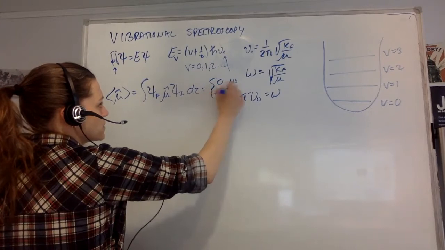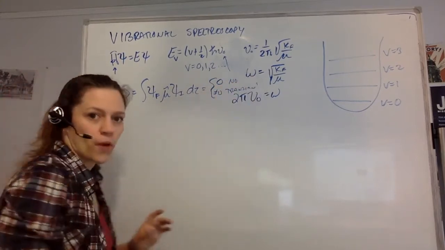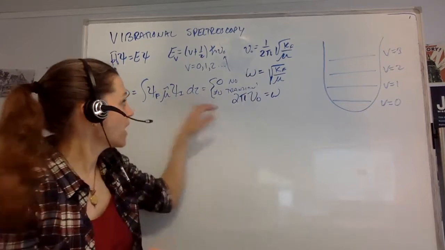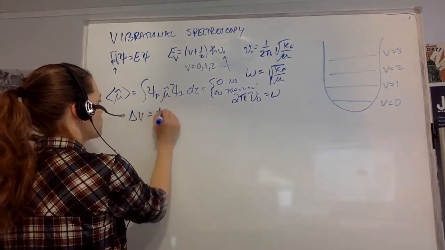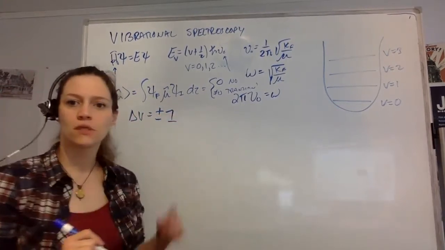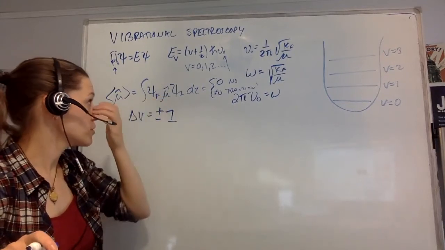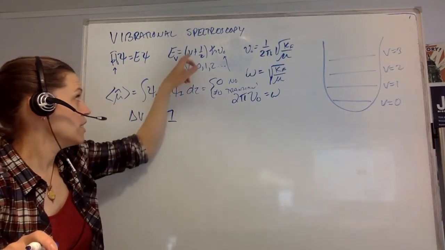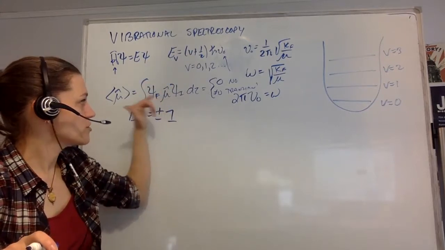If it doesn't equal 0, transition. Because of that, we know that delta v has to equal plus or minus 1. That v comes from which wave functions satisfy the Schrodinger equation, and it gives us these v values, the quantum numbers. Again, it's the transition dipole moment.